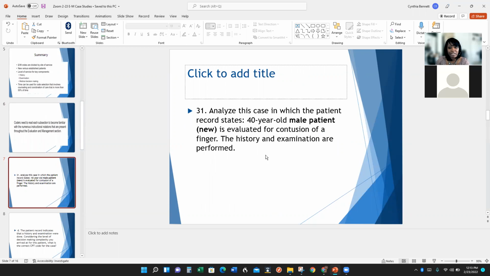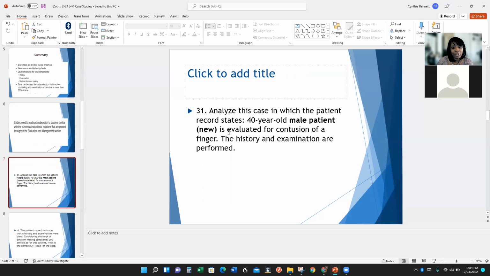So I have an example here, and this is one of the ones that some students got confused with. They're asking you to analyze this case. Basically it's a 40-year-old male patient. They're new. They're being evaluated for a contusion of their finger.